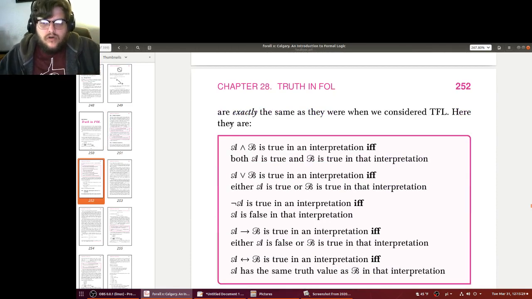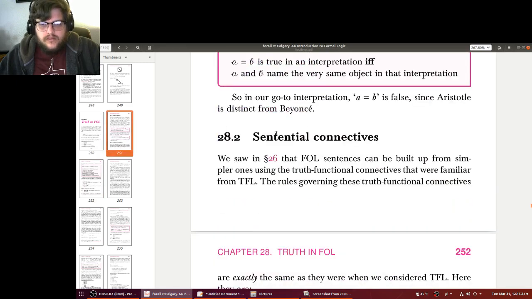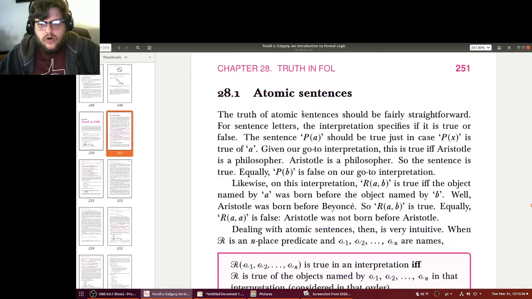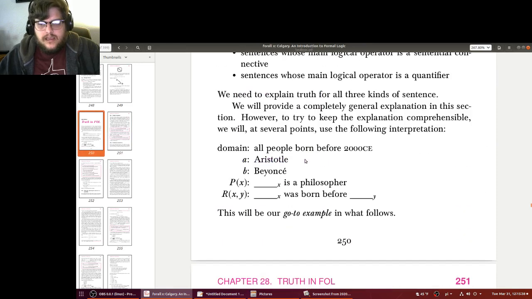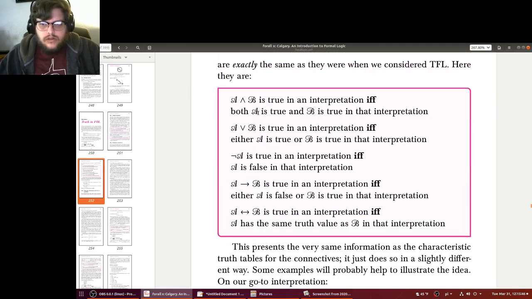Okay. So if I had PA and PB from earlier, PA would be true, PB would be false. So if I took PA and PB, well, it'd be false, right?